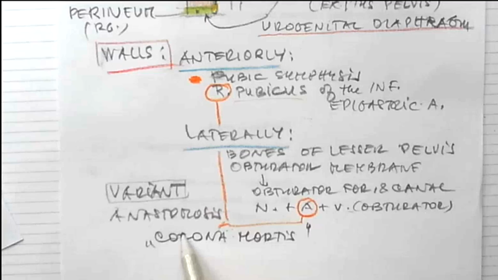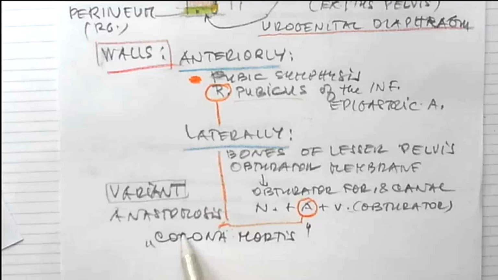Good. So we put again the points: bones, obturator, then the obturator artery. What else? Then there is the internal obturator muscle, plus its fascia, the obturator fascia.